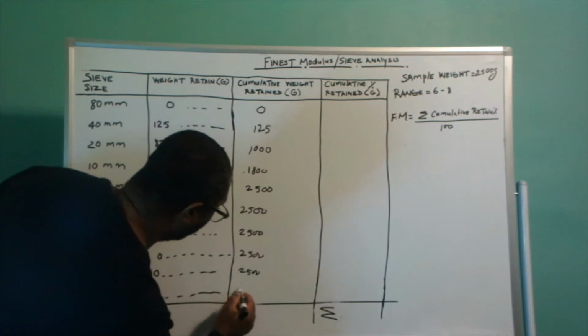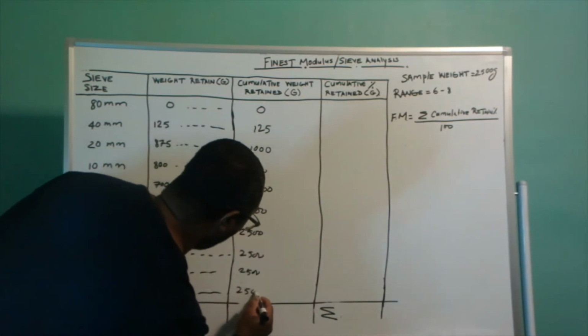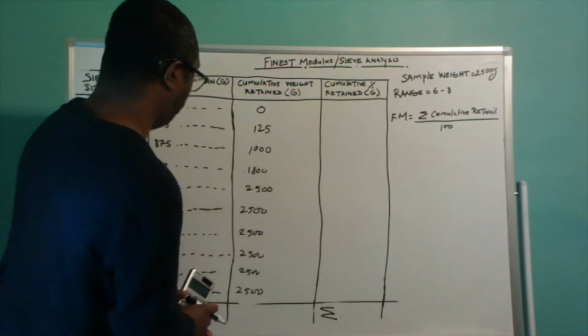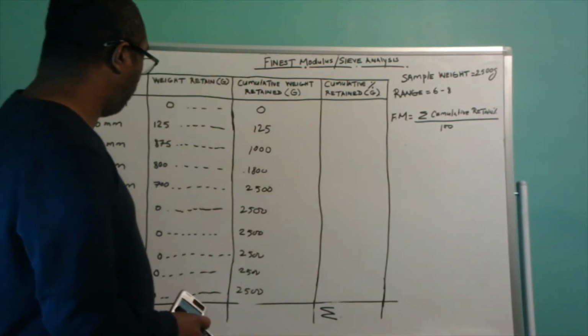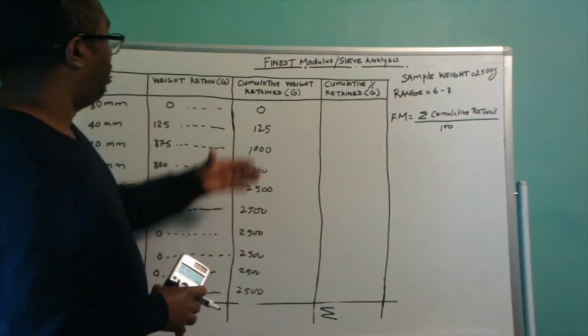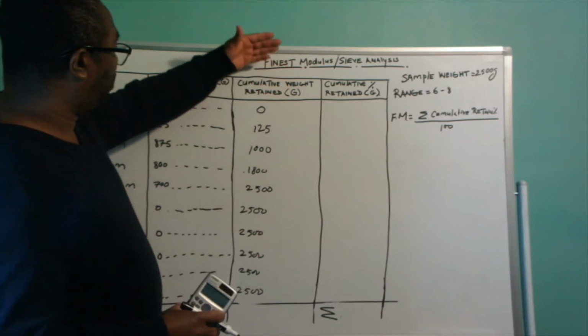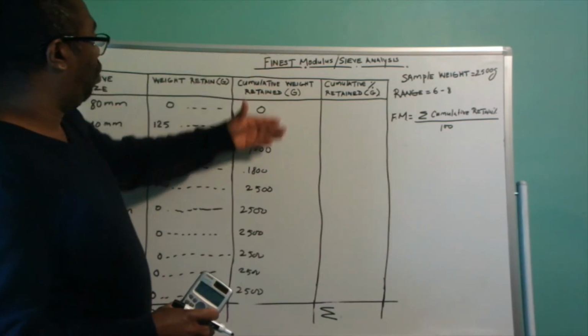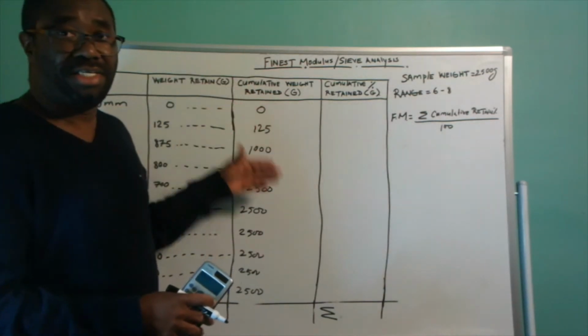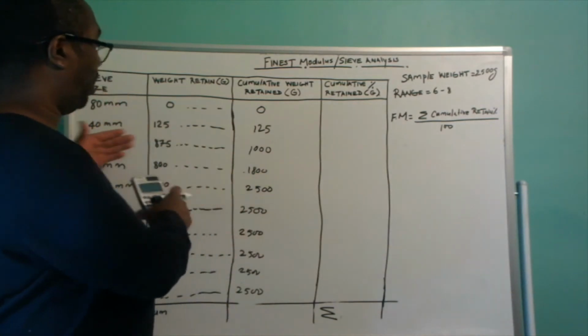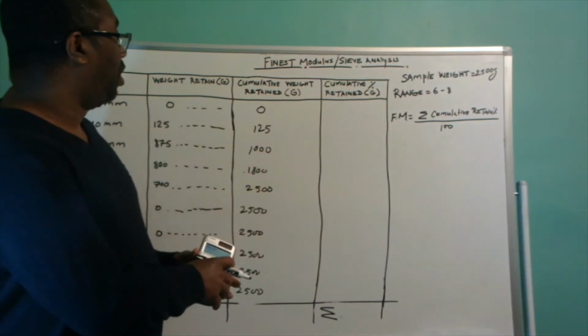And then 0, which is 2,500. So as you can see now, this column represents the cumulative weight of retained materials after it has been shaken in the respective sieve.